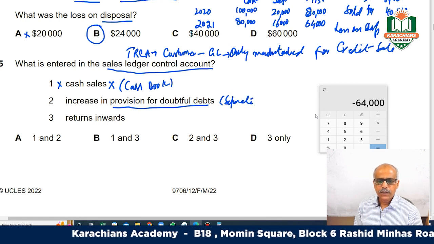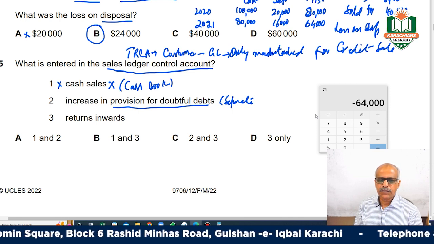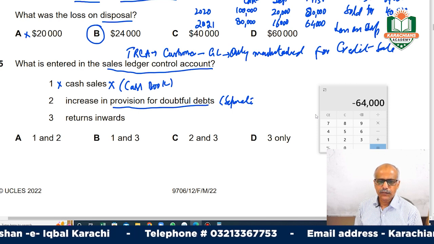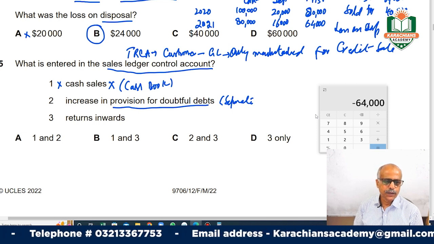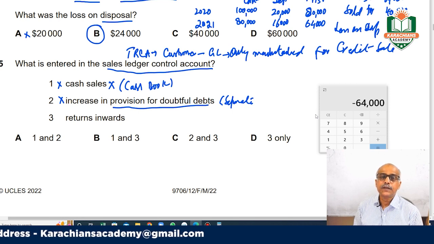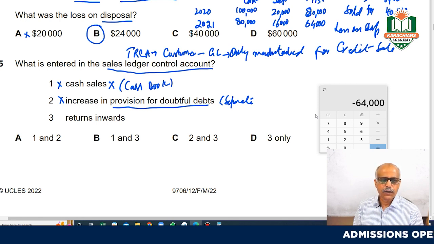So this one, provision. Any increase in doubtful debts will not be reported in trade receivables, so this option is also not right. Returns inward. Yes, returns inward are actually recorded in the trade receivable control account.